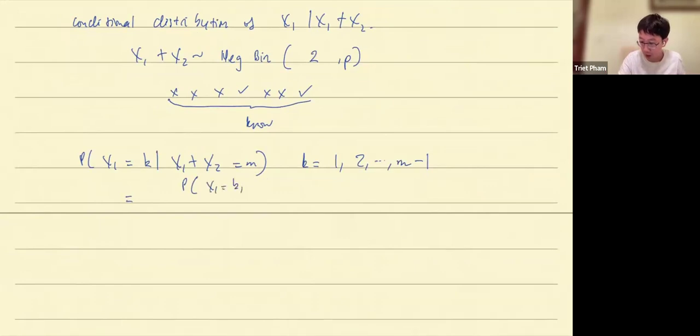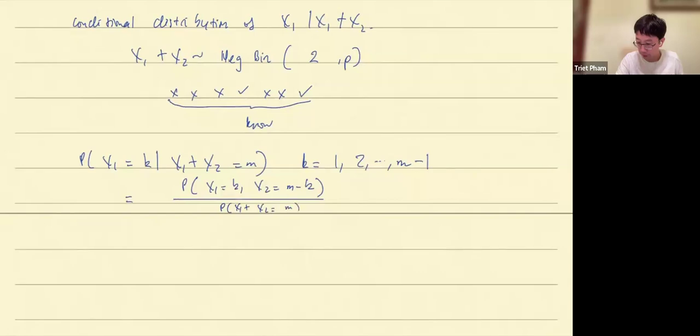X1 equals k, X2 equals m minus k, that's the joint on the top, divided by the probability that X1 plus X2 equals m. Then, these being independent geometrics, they are (1 minus p) to the k minus 1, times p, and (1 minus p) to the m minus k minus 1, times p. Okay?